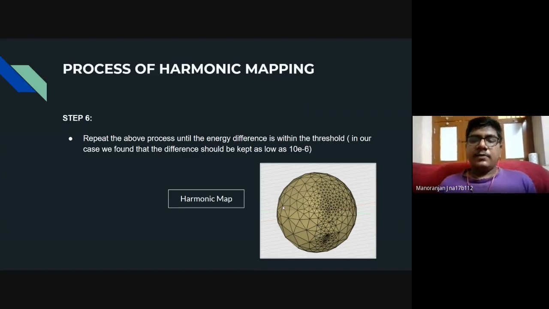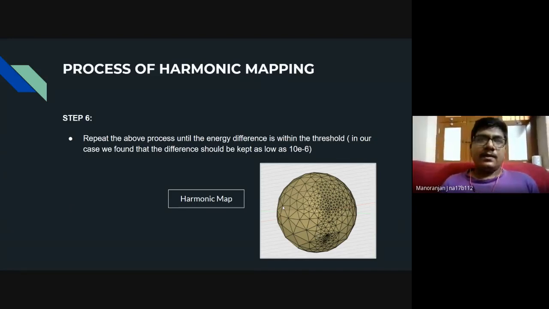The 3D object will be represented in Cartesian coordinates, so it will have X, Y, and Z. When we are trying to map it to the harmonic sphere with a different orientation, it is not necessary that the same point in the differently oriented mesh will come back to the same point in the harmonic sphere.